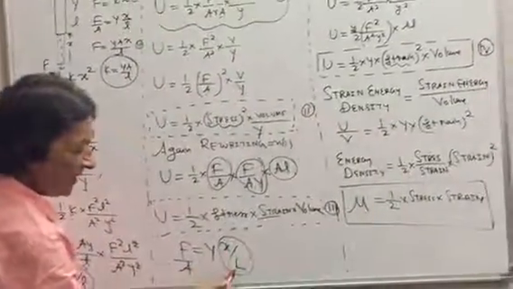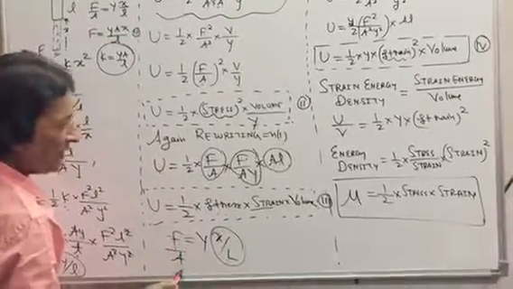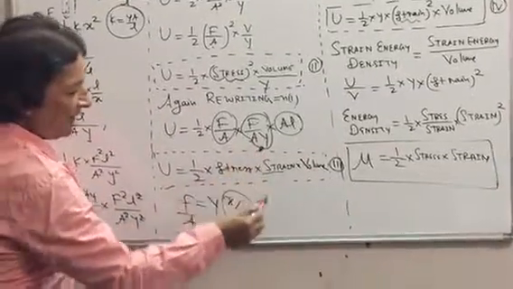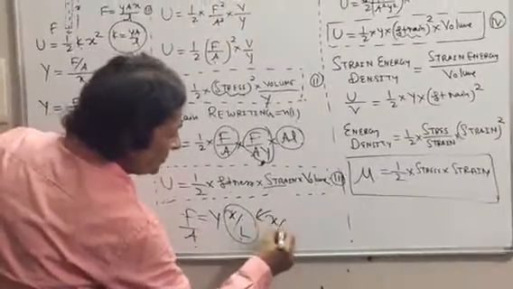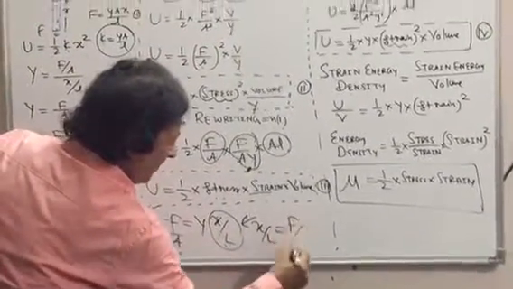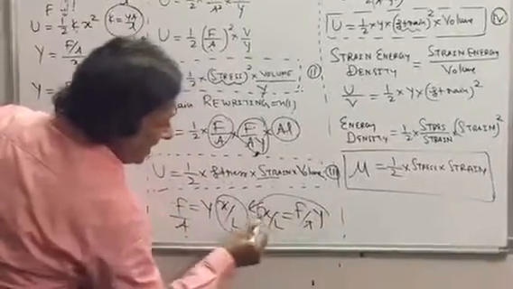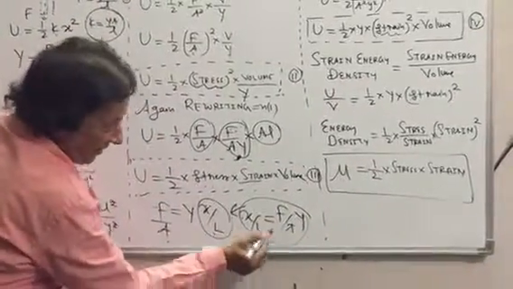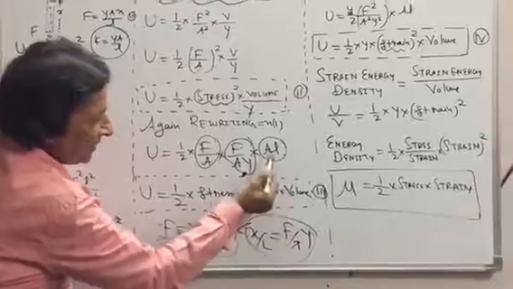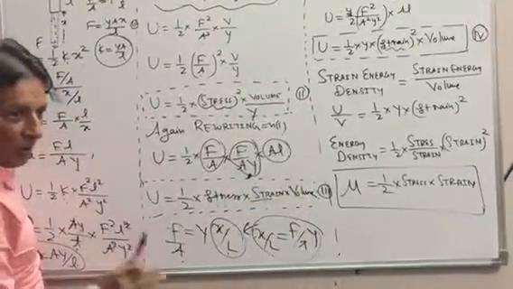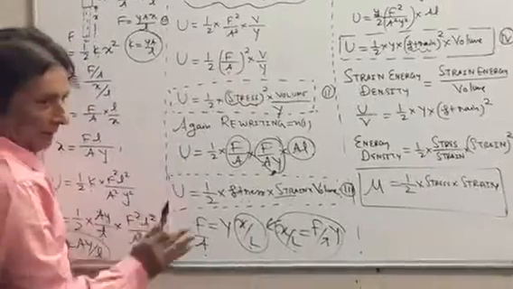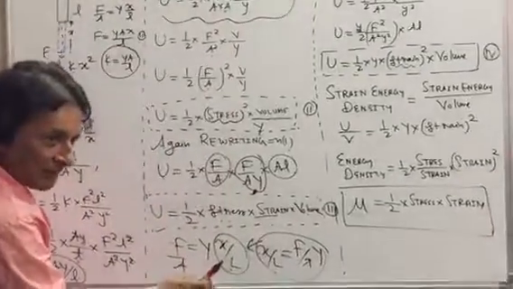So F upon AY is nothing but X upon L. That is strain. Look students, F upon A into Y, X upon L is what? Strain. AL is what? Volume. Another equation you have to learn. Pause, replay, write, then play further.